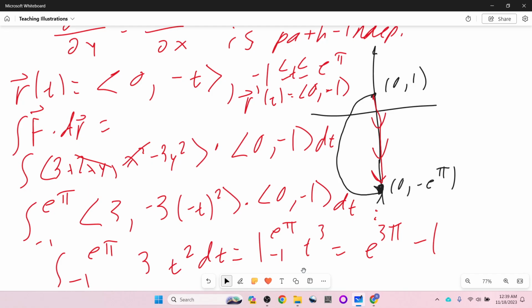All right, so I'm going to do one more big example, and then I'm going to call it. I'm going to do a 3-variable one.